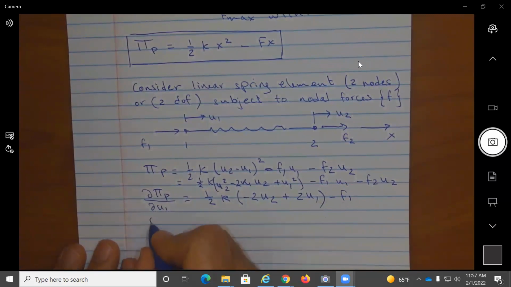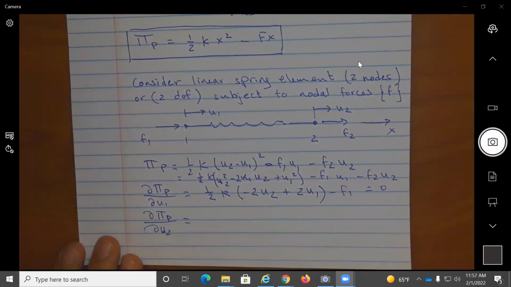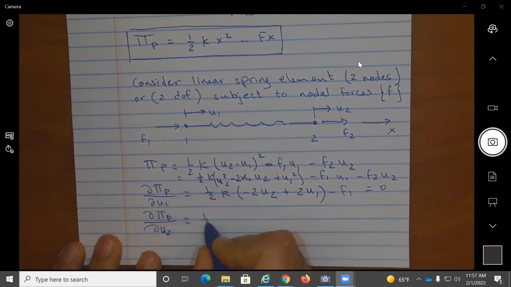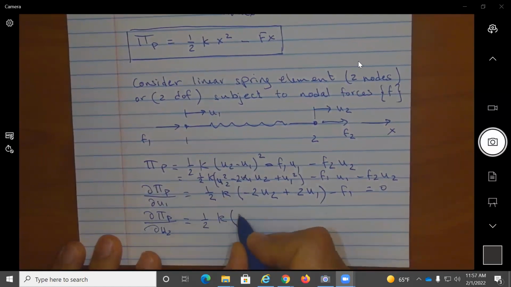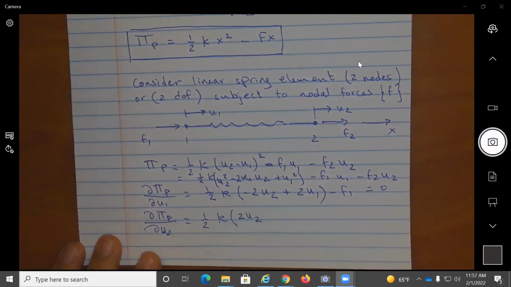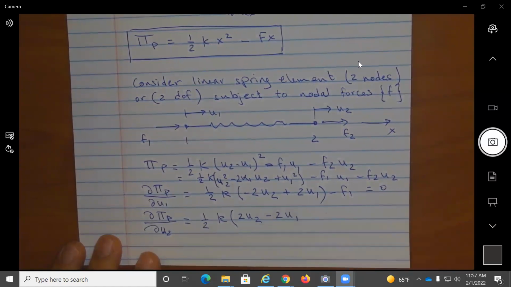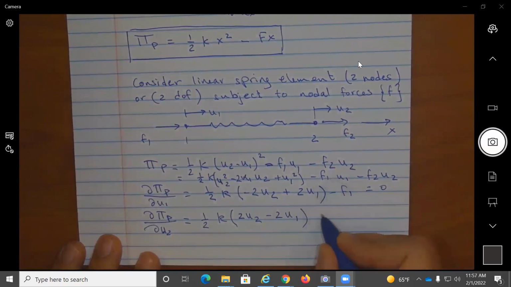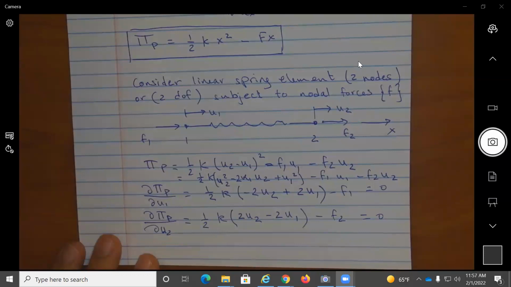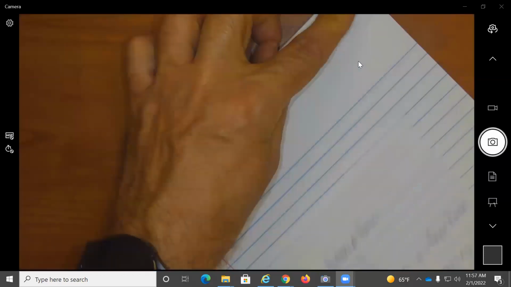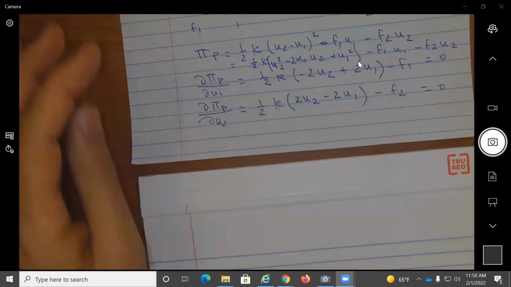Next, I do the partial derivative with respect to U2. And by the way, we set this to be equal to 0, right? So the partial derivative of the total potential energy with respect to U2, I'm going to have half K. And here I have a 2 U2 minus a 2 U1, close the bracket, 0, and a minus F2 is equal to 0. So we really have two equations that we can simplify.